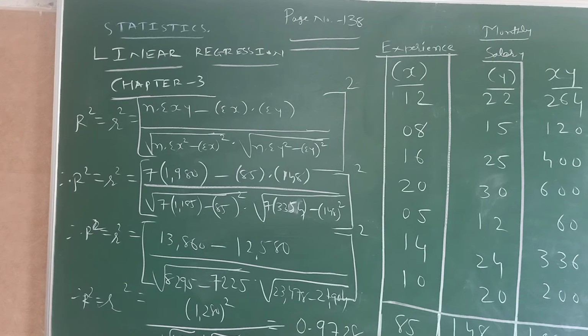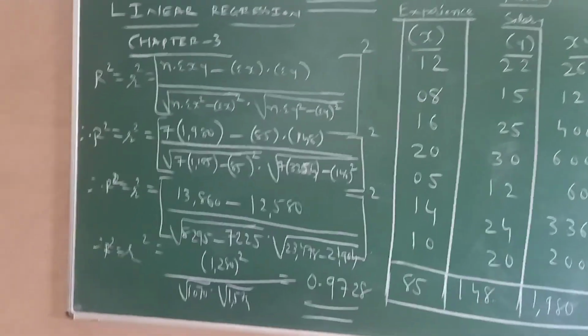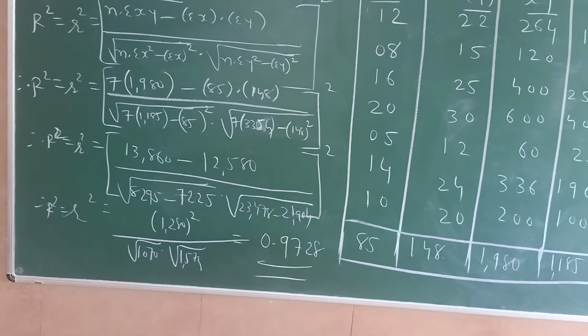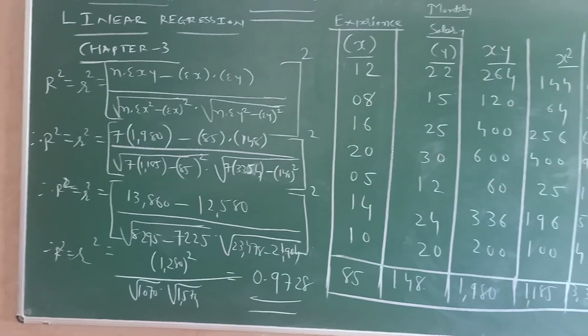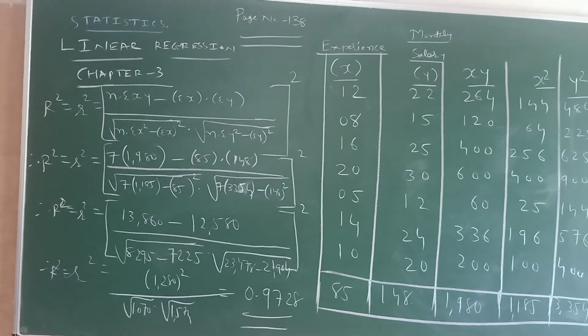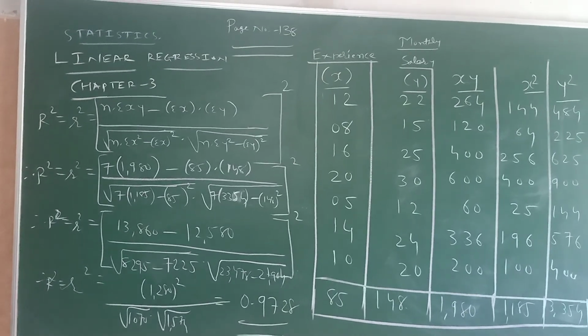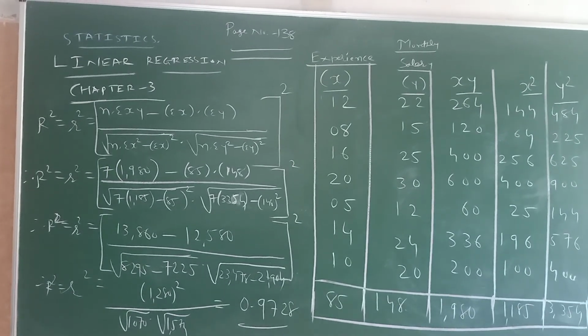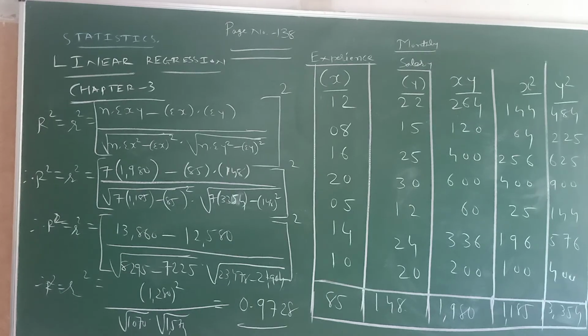At last, finally, the value of r square comes 0.9728. You can do the calculation with your own calculator. We already learned it in the linear correlation chapter, so it is possible for you to do.